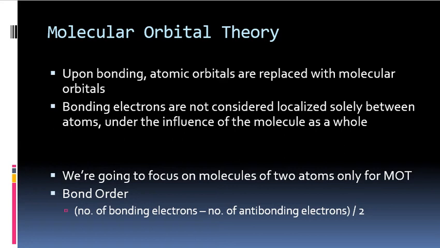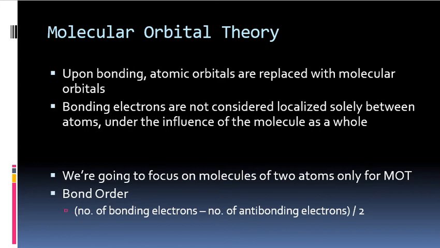Therefore, according to molecular orbital theory, bonding electrons do not necessarily have to be localized between bonded atoms, because those atomic orbitals are no longer present. There's no region of overlap. Instead, those bonding electrons are going to be under the influence of the entire molecule.